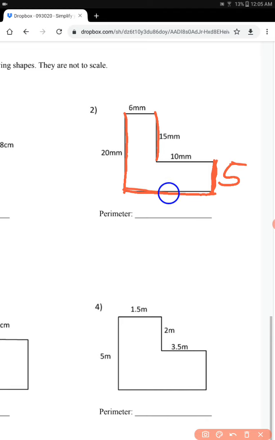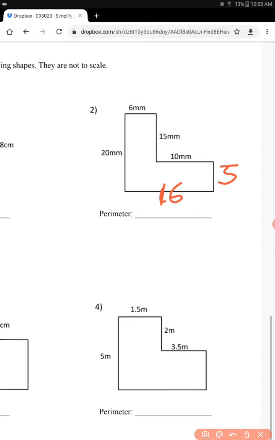Alright, now for this, how would we solve this? Well, it's the same thing. This is 6, so this is 6 as well. And then this is 10, so add them up, and this is 16. So this would be 5, and this is 16.